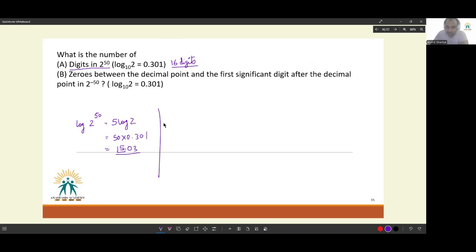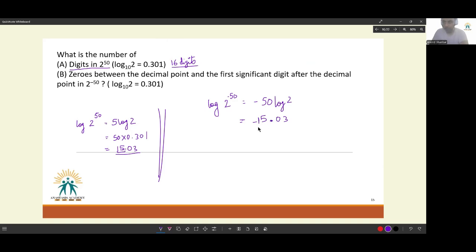Now, for the numbers that are less than 1, numbers that are in decimals, the working is slightly different. The initial steps will be identical. Log of 2 raised to the power minus 50. And then this will turn to minus 50 log 2, which will get us to minus 15.03.